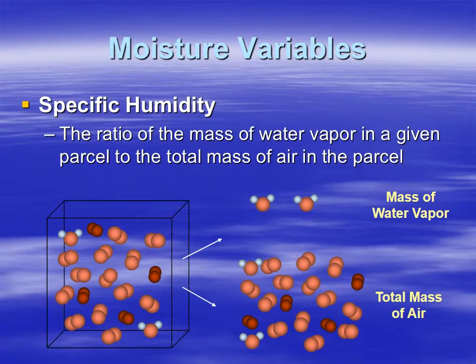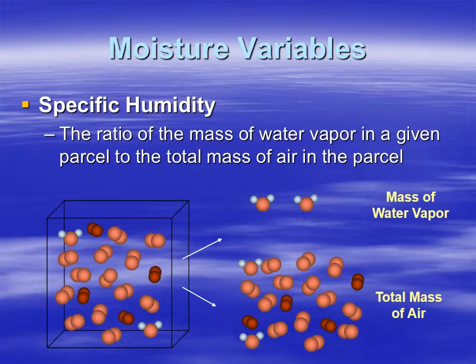So we've come up with a couple other terms that are a function of mass. One of them is specific humidity. And specific humidity is the ratio of water vapor in a parcel of air, the mass of the water vapor in a given parcel of air, to the total mass of air in the parcel. So in other words, take the ratio or divide the mass of water vapor divided by the total mass of air.